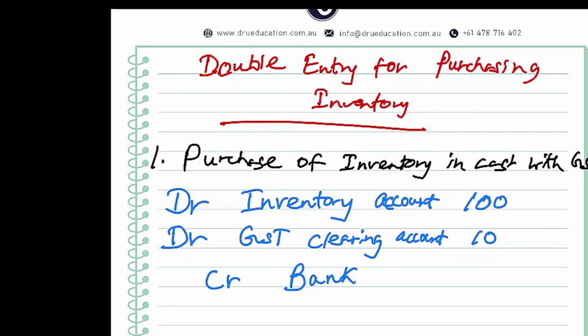Why not accounts payable? Because we are purchasing in cash. How much? 110. So you credit the bank.